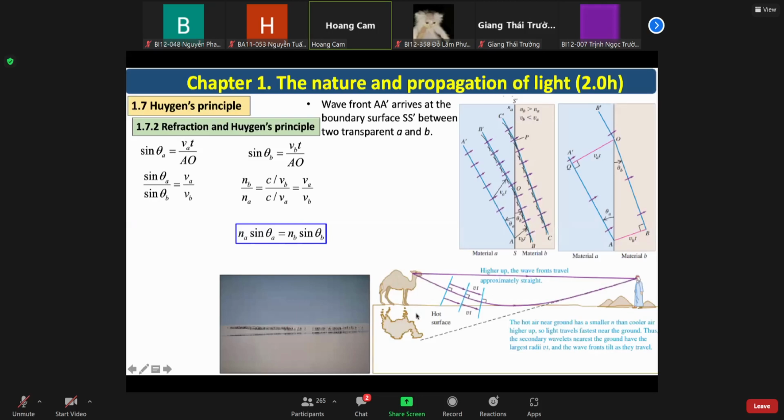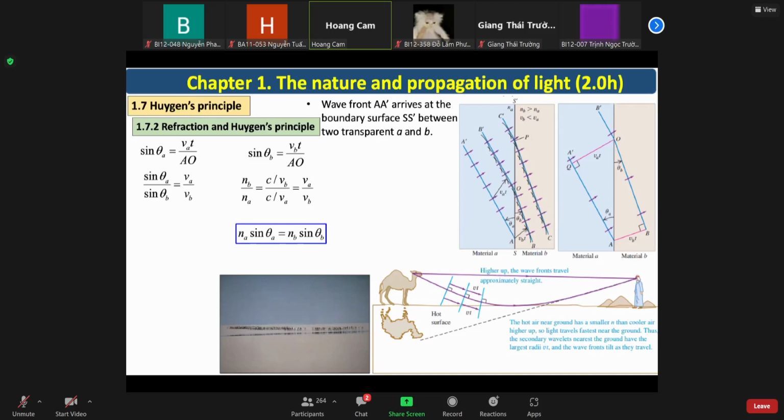One popular phenomenon is observed especially in hot weather. For example, my hometown is in Quảng, and when I drive from Hanoi to Quảng on the highway, where the speed is high, in the hot weather you can see a vibration, sometimes like water drops.